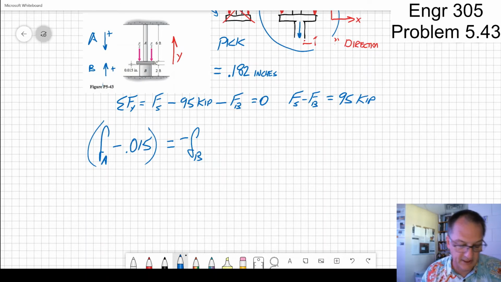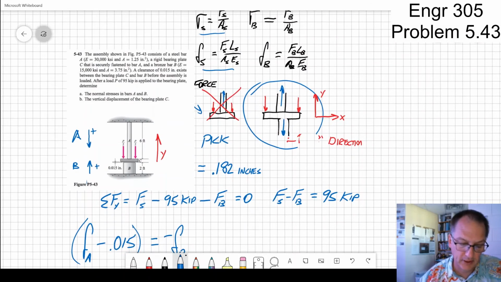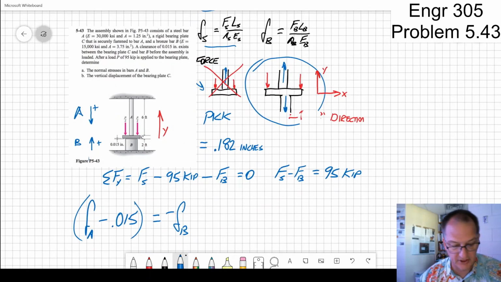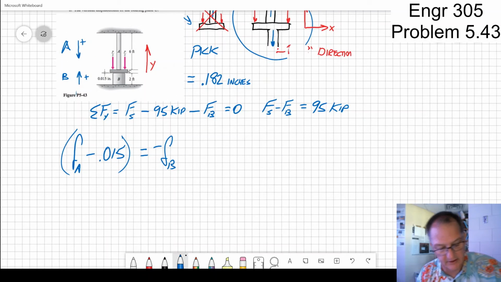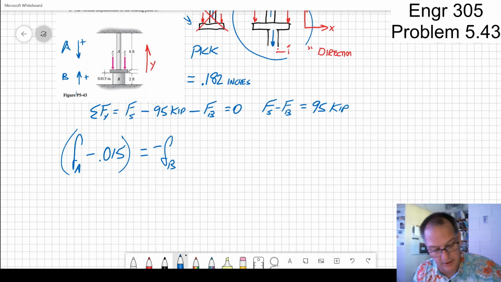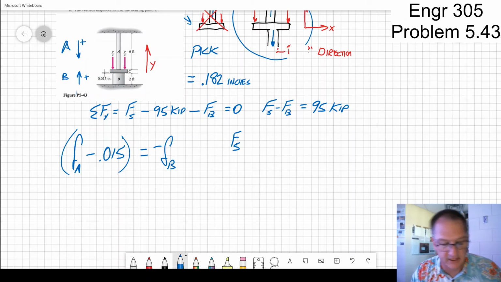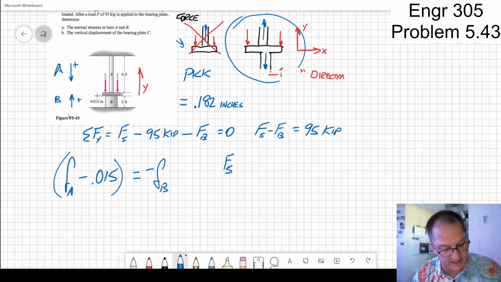So the first thing I'm going to do is use my two deflection equations and substitute them in here for the deltas. And I don't know if this is the right approach. It's just what I'm doing. There might be a better approach, but it's the force in the steel. Did I call it FA? I call it FS. This should be force steel.